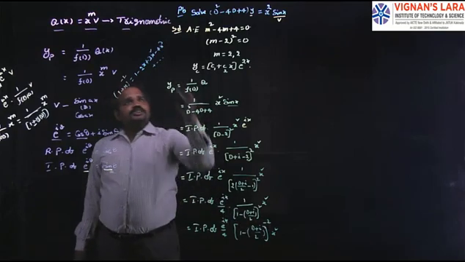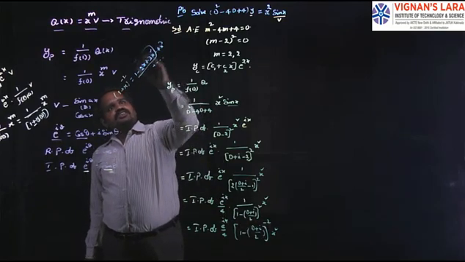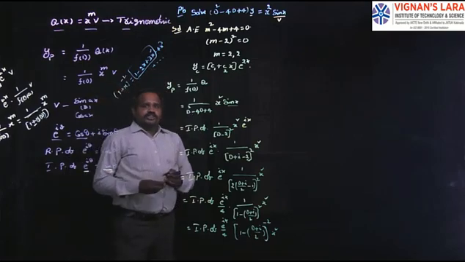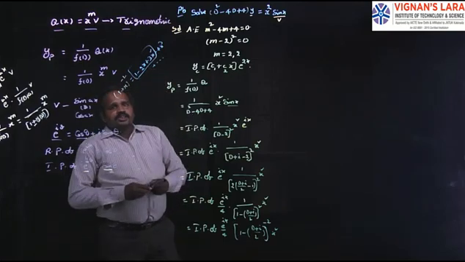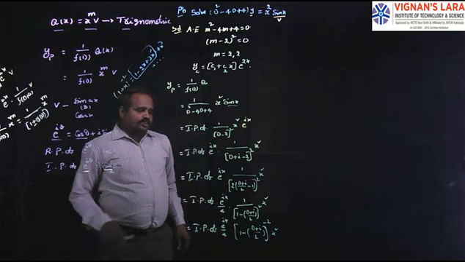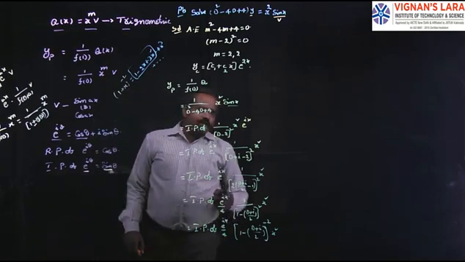Here the degree is 2, that's why we are using the first 3 terms only. So what are those first 3 terms? 1 minus 2x plus 3x square. Here in place of x we have the value d plus i by 2.